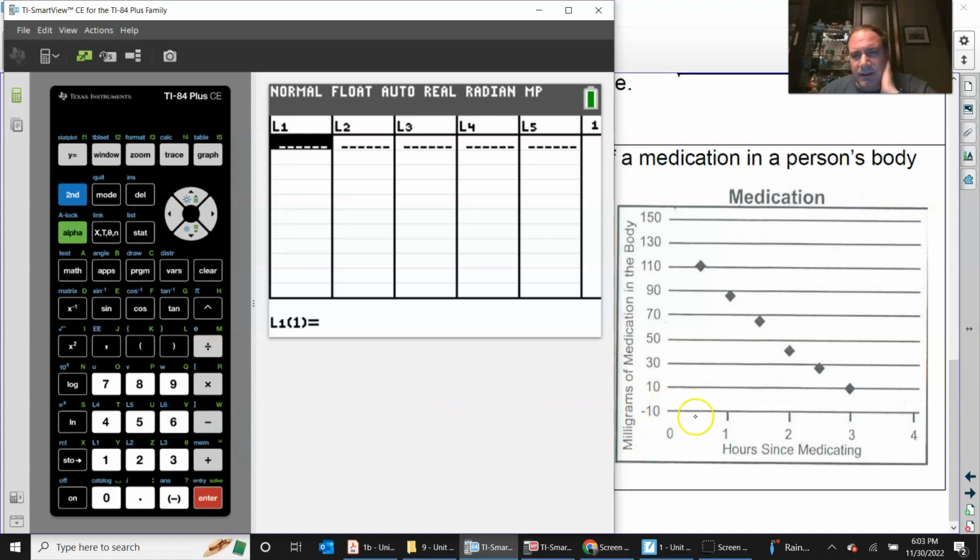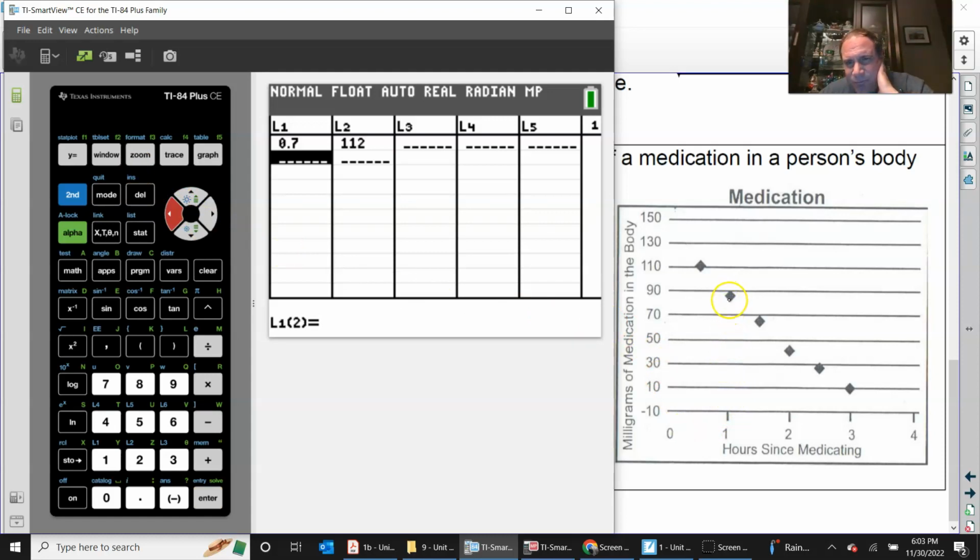Okay, so now this right here is 0.7, about 112. 0.7 for the x, and I'm going to have to put the y in as 112. And then this is basically 1.